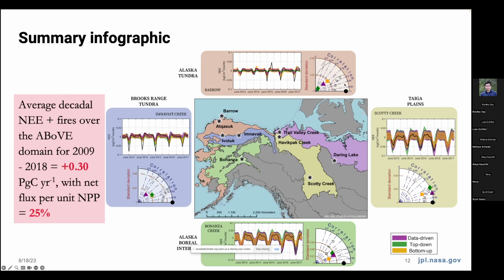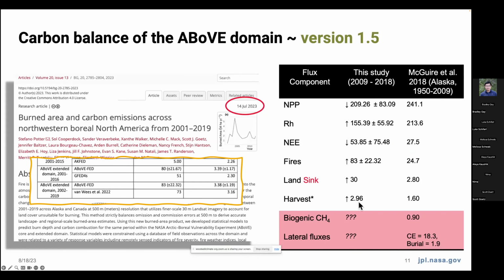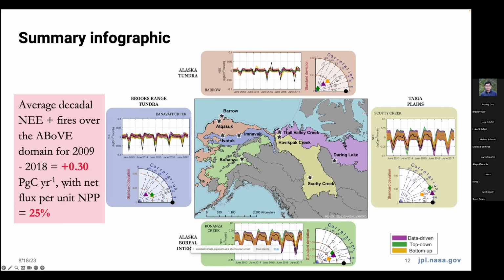And in general, it captures what I said earlier: if we look at NEE and fires together, then, and again these numbers are to be updated, so please take this with a grain of salt, with the estimates we had before, if you bring in the fire information from ABoVE Fed, this seems to be a slight positive.